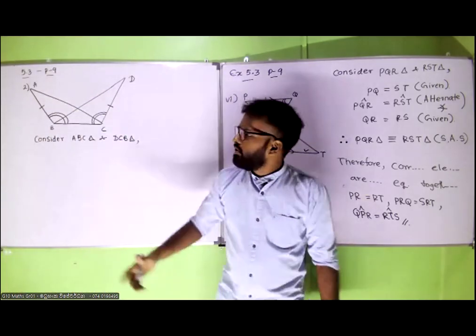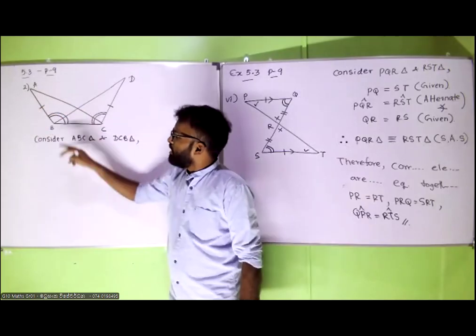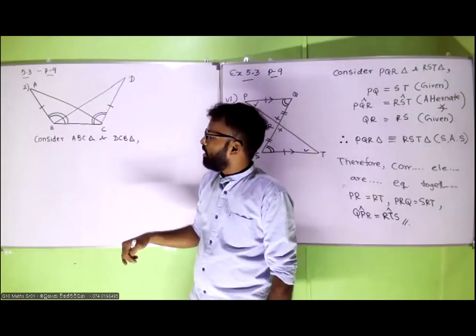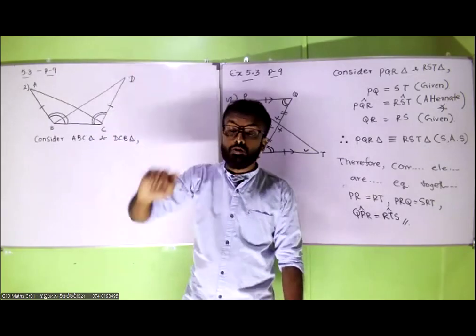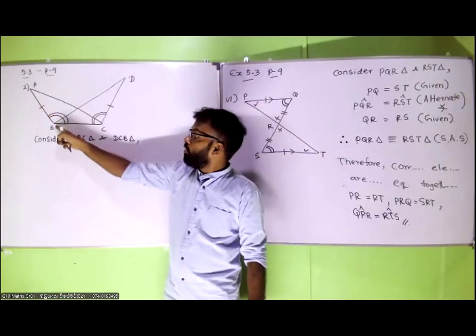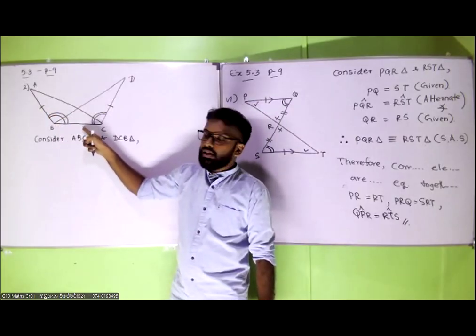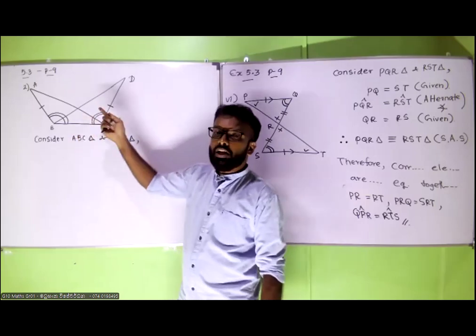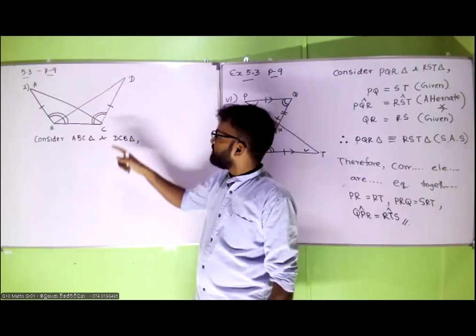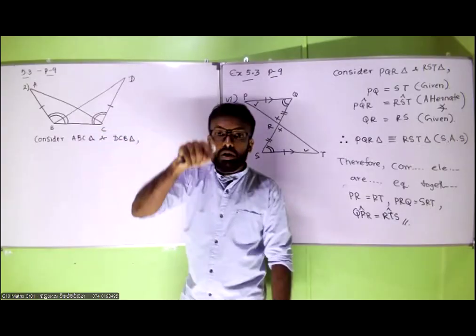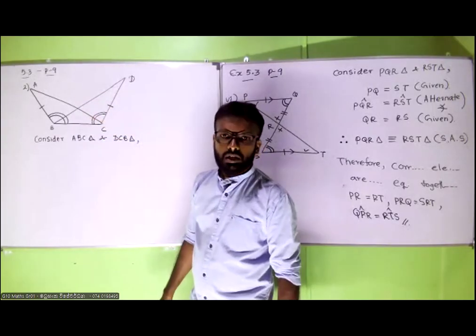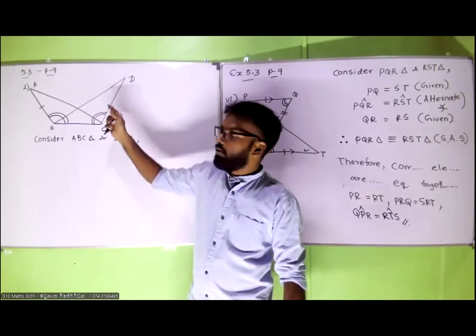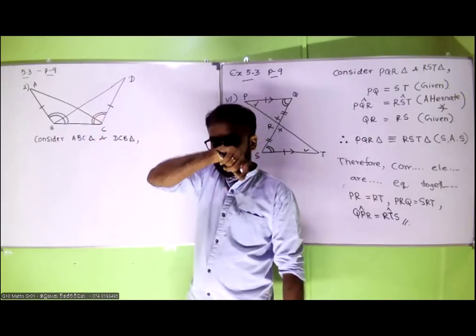Side, angle, side. This is the included angle, so we need the other arm of the angle. That is BC. Can we do the congruence? Yes, because BC is a common side for both of the triangles. That is the reason BC equals BC.